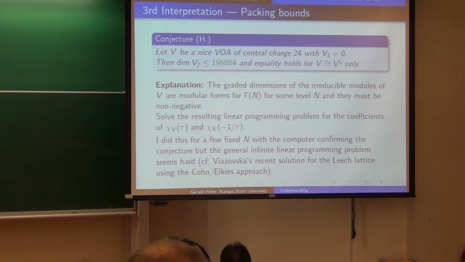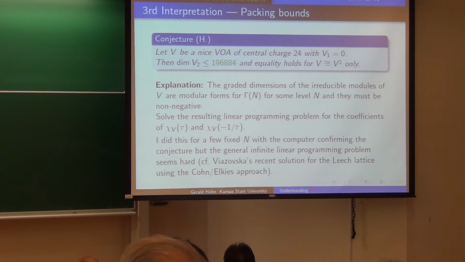But then finally to solve it, all one had to do was write down a function with certain properties, but nobody knew this until she came up and used some quasi-modular forms for gamma 2. I still don't understand why this works, but it works. But the hope is that one could do something similar here for this sphere packing problem for vertex algebras. And it's somewhat easier, since we only have to show that this dimension has to be less than 196884.9, right? Because it has to be an integer.